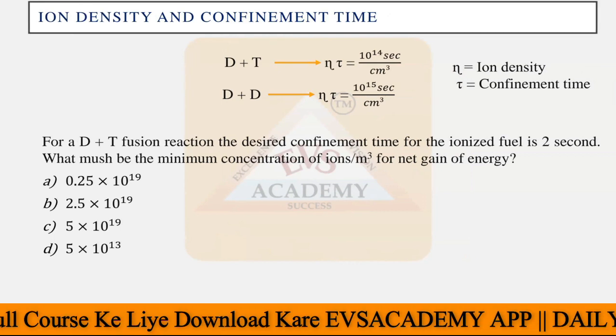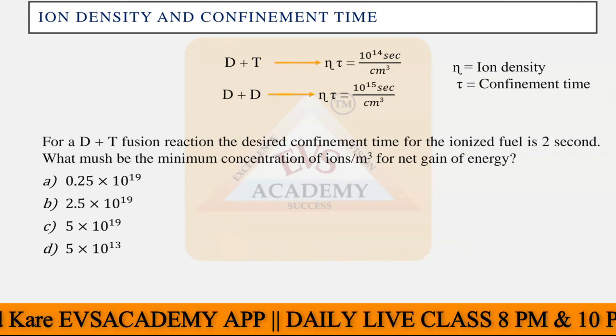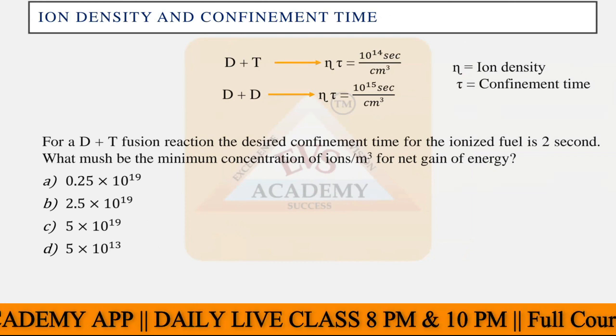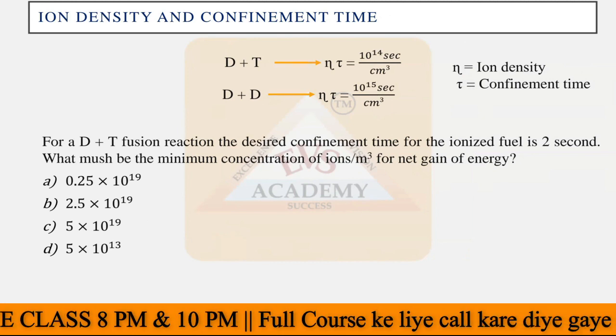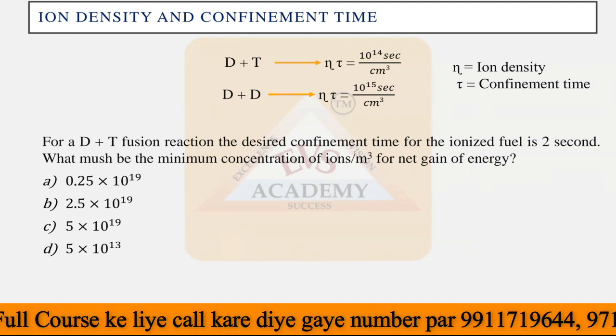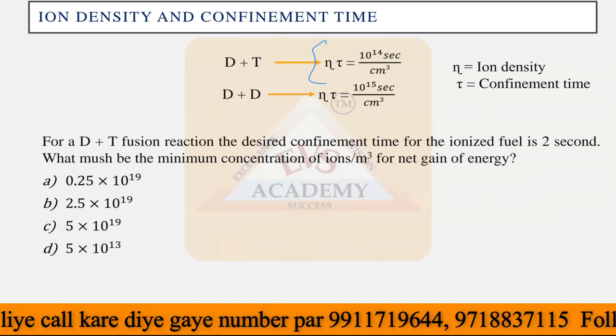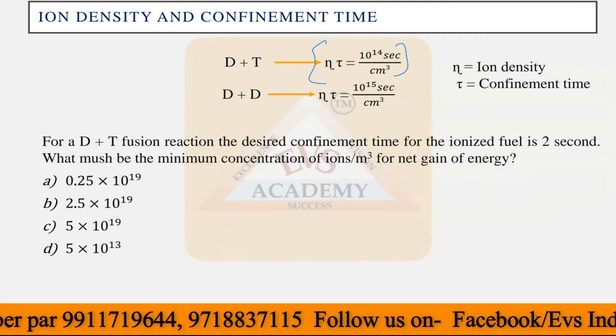The next type of question is generally asked on ion density and confinement time. So D plus T, if the reaction is deuterium plus tritium. If deuterium and tritium react with each other, then the formula you have to use is eta multiplied by tau equals 10 to the power 14 seconds per centimeter cube.